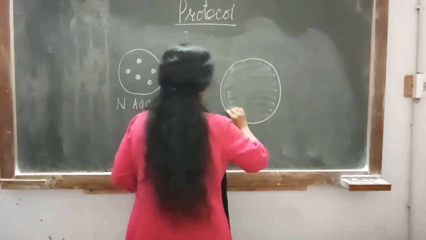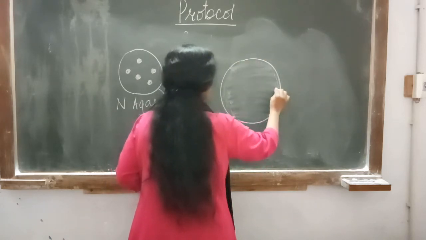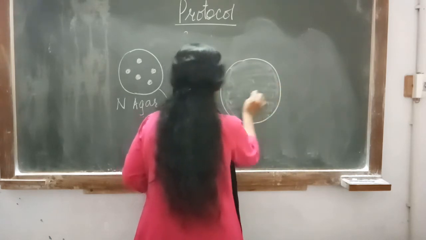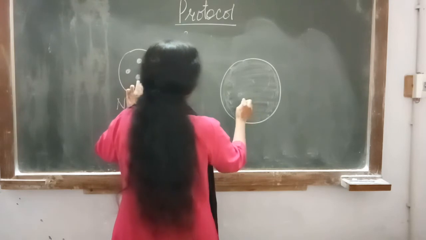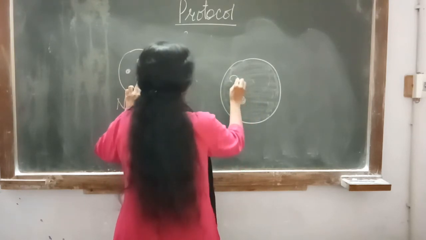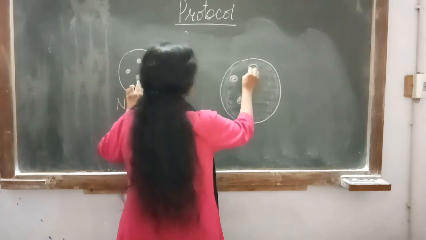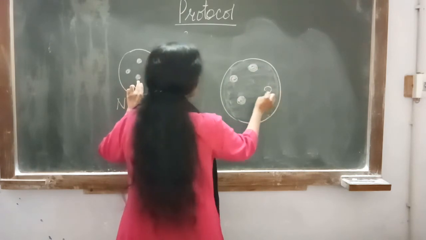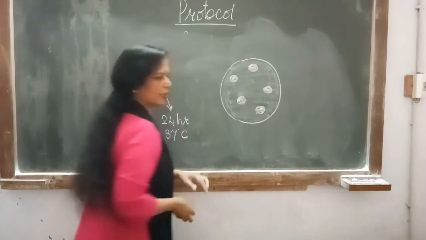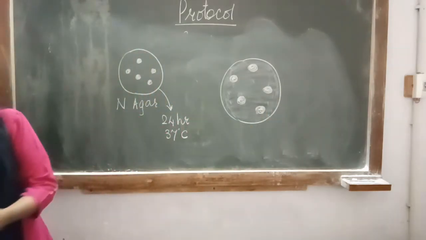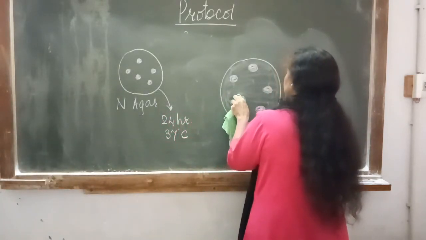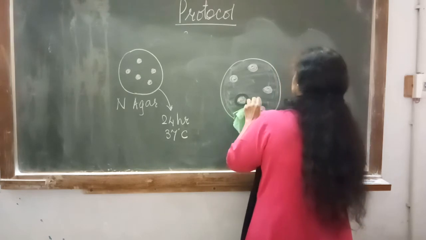It will produce the lawn because it was actively growing a young culture. So it will grow everywhere in the entire plate and it will not give the growth on our defined antibiotic producing colony. So this will be our next day observation.